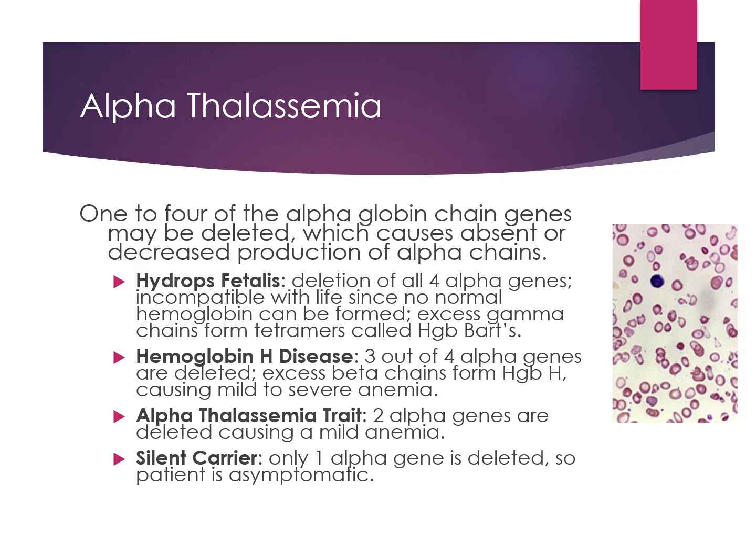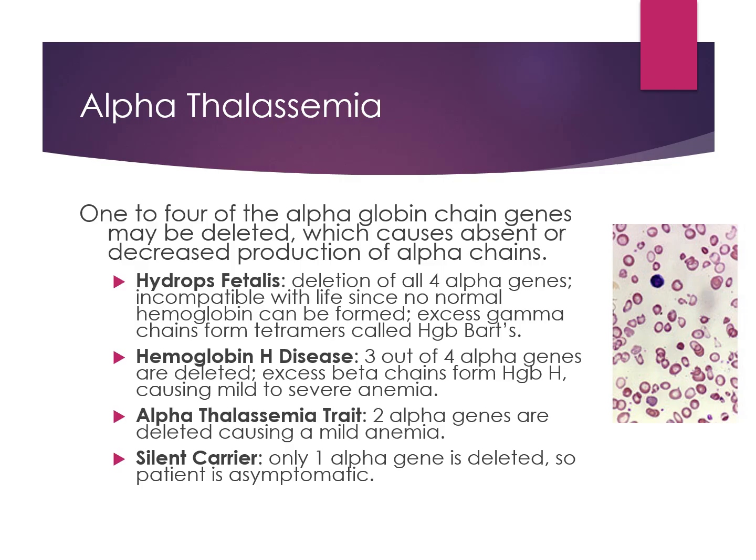So let's talk about the first one. The first type of alpha thalassemia is called hydrops fetalis, and this is a deletion of all 4 alpha chains. That means it is incompatible with life because there can be no hemoglobin formed without alpha chains.